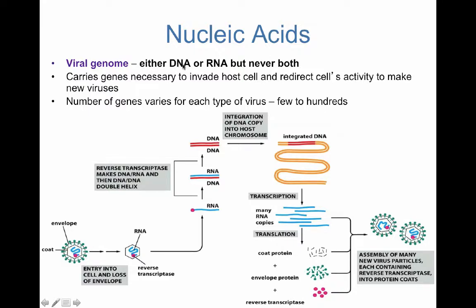But whether you are a DNA or an RNA virus, the information in this sequence, so DNA stands for deoxyribonucleic acid or ribonucleic acid, is basically a stretch of letters. The A's, T's, C's, and G's that make up our DNA, for example, are the same stretch of letters or sequence code that you find in a viral genome.